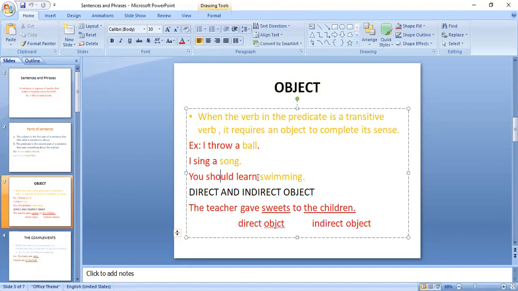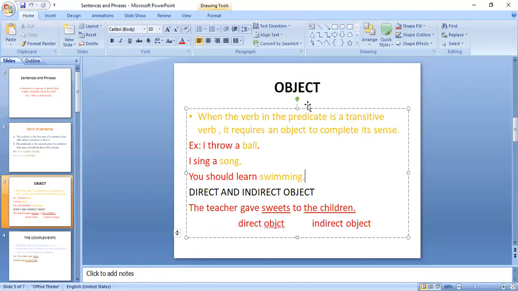Isn't it? You should learn gives us a meaning, but if I make it clear, you should learn swimming, it will give more, complete sense to the sentence.